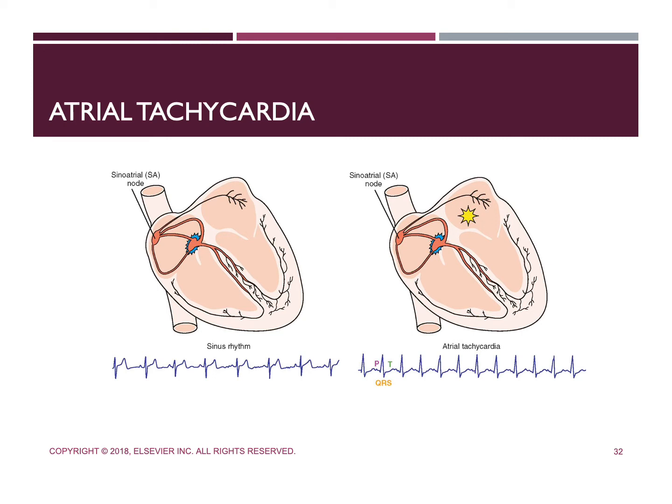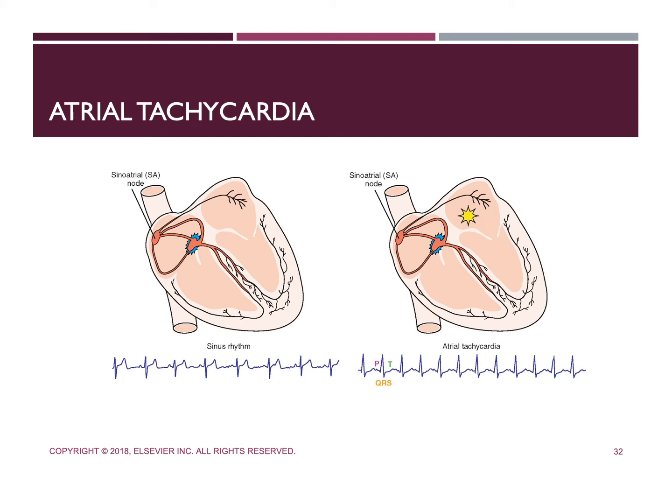It is possible for an AT to have negative P waves in the inferior leads if it arises from the lower part of the atrium. Because conducted impulses travel through the ventricles in the usual manner, the QRS complexes are going to appear normal in these as well.